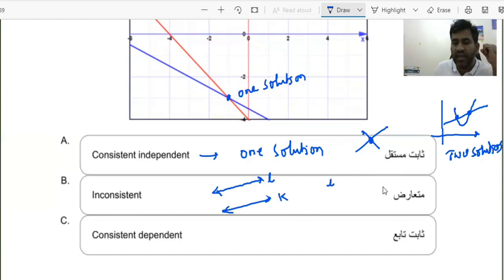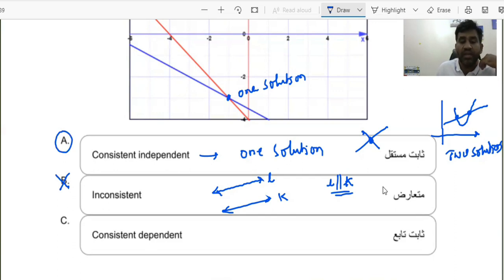The reason is line L is parallel to line K. So these parallel lines are never going to meet. If the lines are not going to meet, then such systems of graphs we say are inconsistent. That's why B cannot be the answer. Of course, the answer is going to be A because they are meeting at one point with one solution.